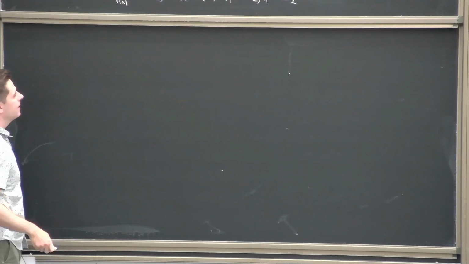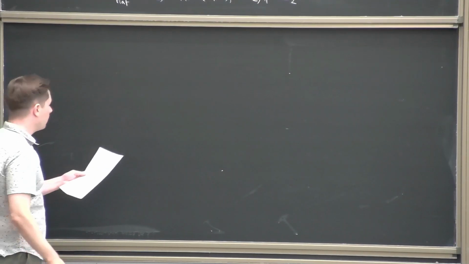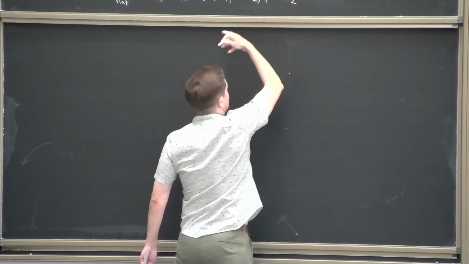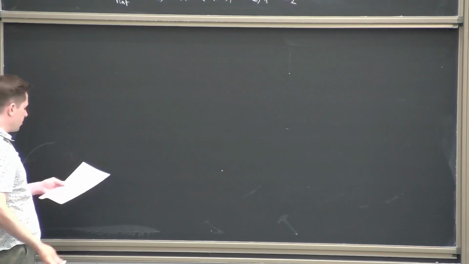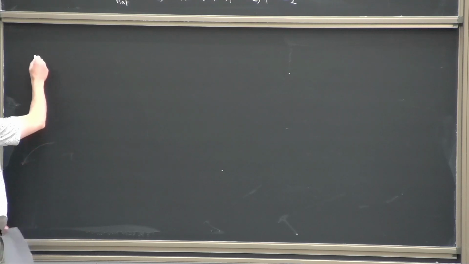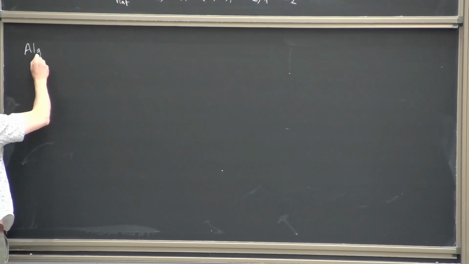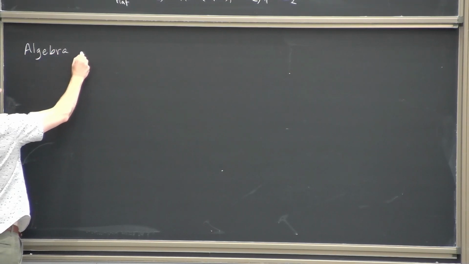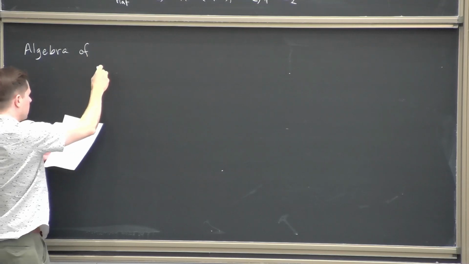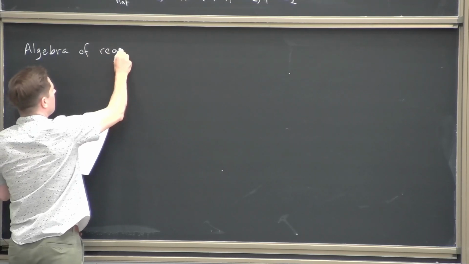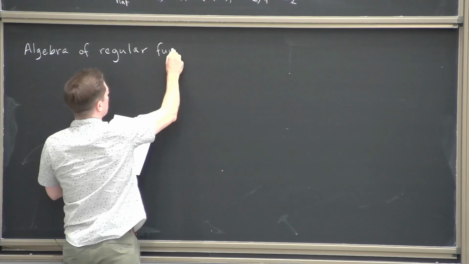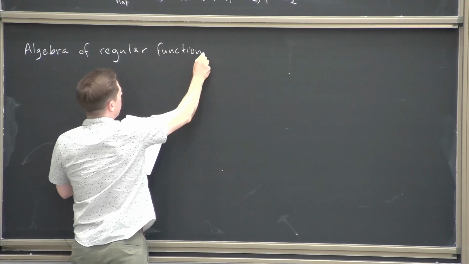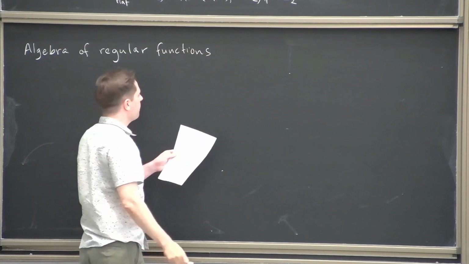Okay, so let's try to understand this thing a little more concretely. This is an affine scheme, and so it suffices to describe its algebra of functions. So the algebra of regular functions on this character variety is generated by the following things.